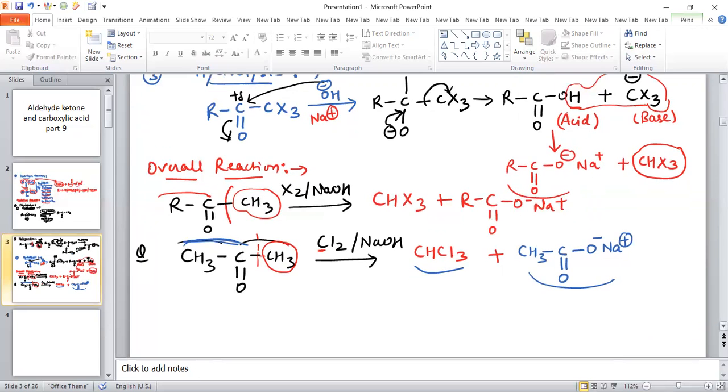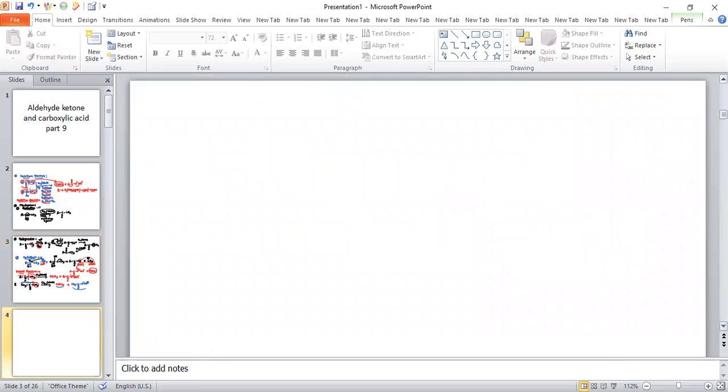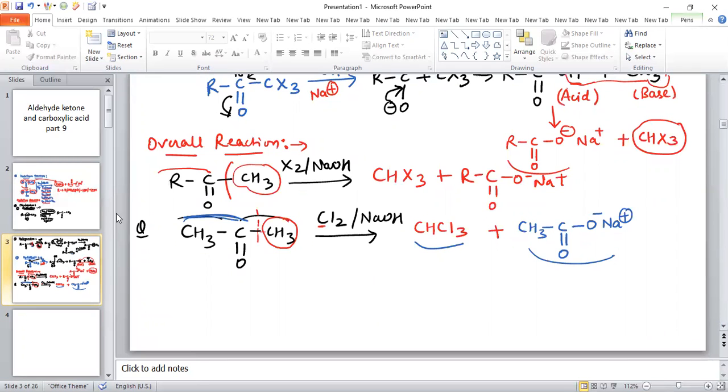In the same way, you can also see another question related to this. If the question is given like this, CH3, CH, OH, and CH3. So when you add Cl2, NaOH, we know this pair is basically a mild oxidizing agent.